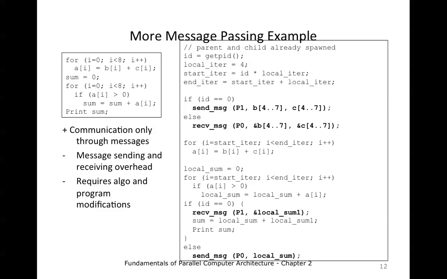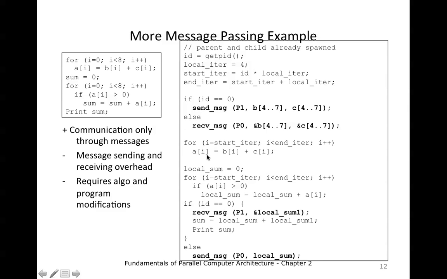We have to send only the data that is needed for computation by the other process. So in this case, we have send message. We don't need to send the entire array B or C. We only need to send the upper half of B and the upper half of C. And the child process receives those halves.